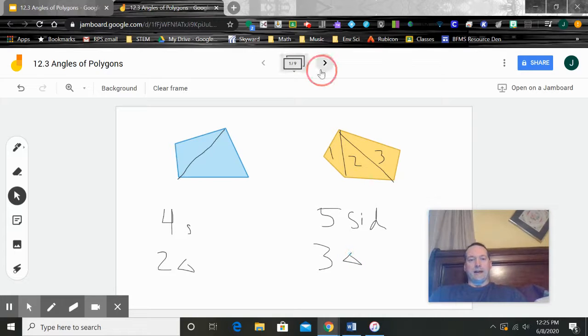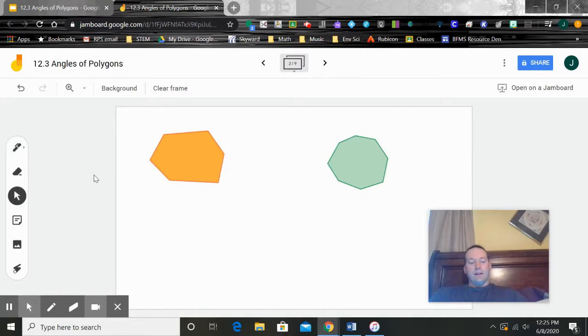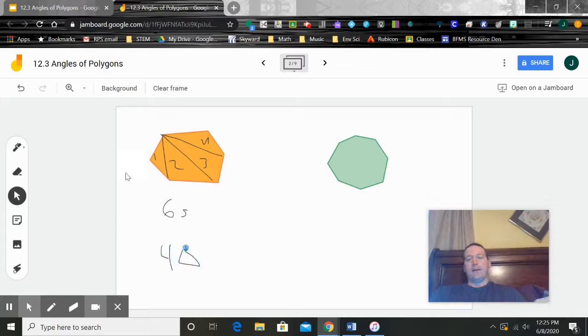You guys noticing a pattern here? This one has 1, 2, 3, 4, 5, 6, so this has 6 sides. Let's see how many triangles we get. 1, 2, 3, 4. So we get 4 triangles. Now let's come to this shape. We have 1, 2, 3, 4, 5, 6, 7, 8 sides.